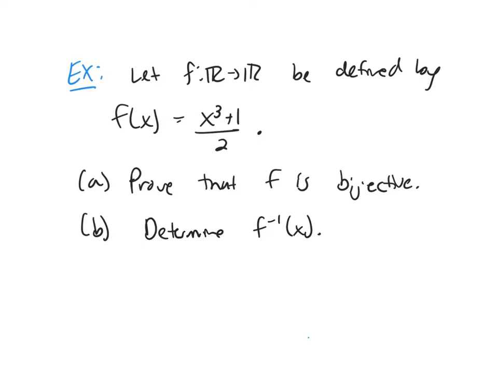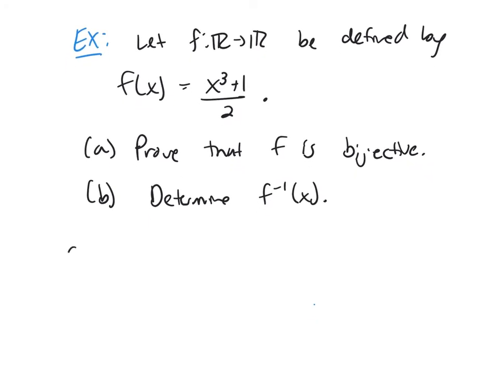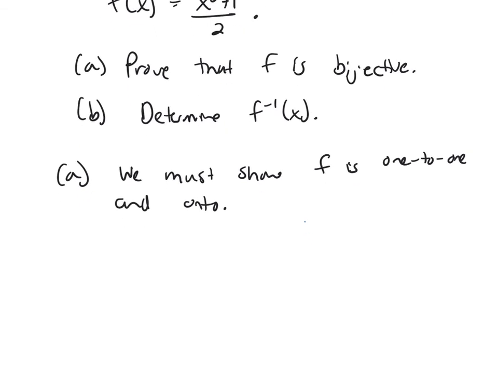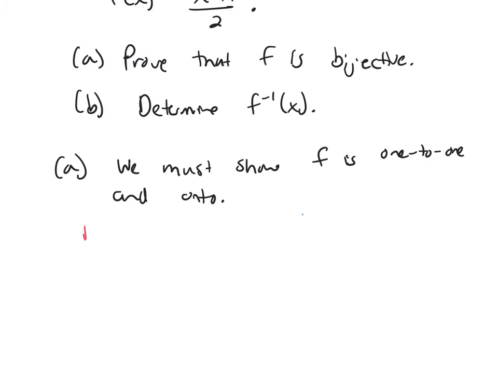So let's start with part A, prove it's bijective. Remember there's two parts, so we must show f is 1 to 1 and onto. So let's start with the 1 to 1 part.